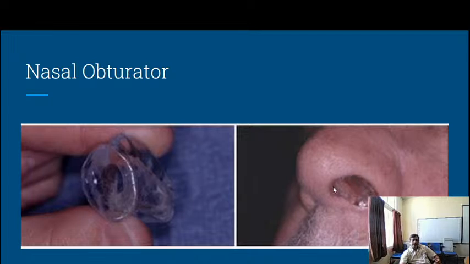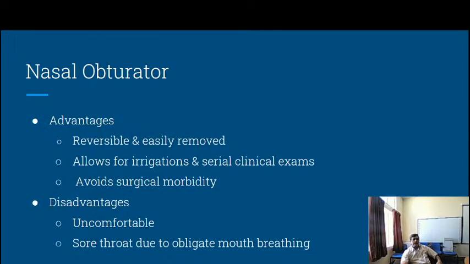The basic idea is to give rest to the mucous membrane and then regeneration. The advantages are that these are reversible, easily removed, allow irrigation, you remove them and you do the irrigation, and avoid surgical morbidity. Then the disadvantages: uncomfortable.